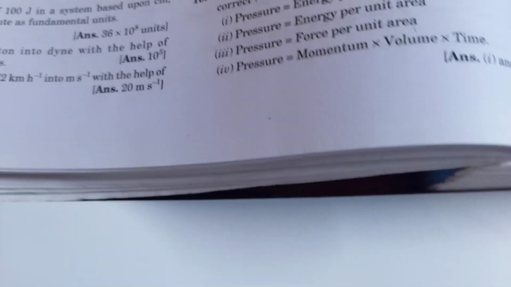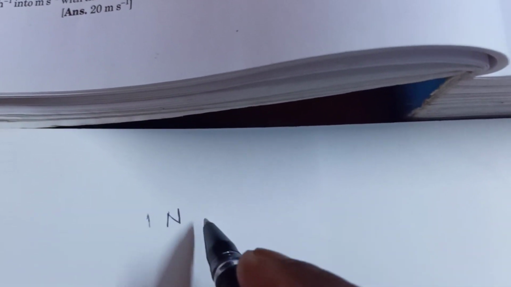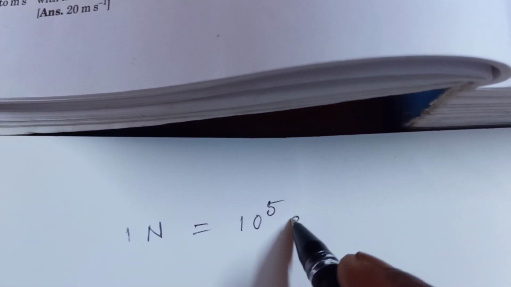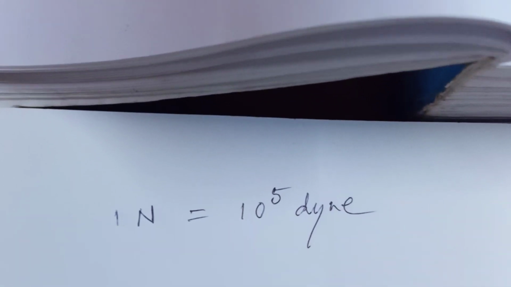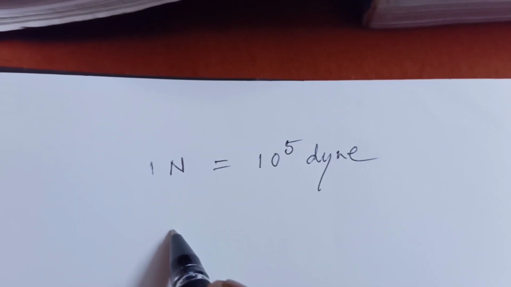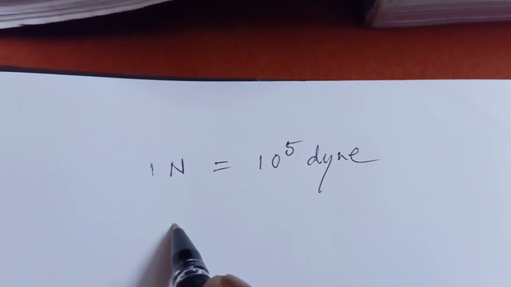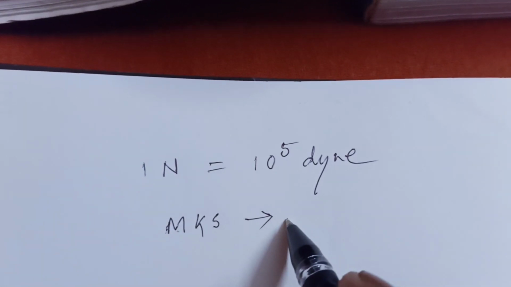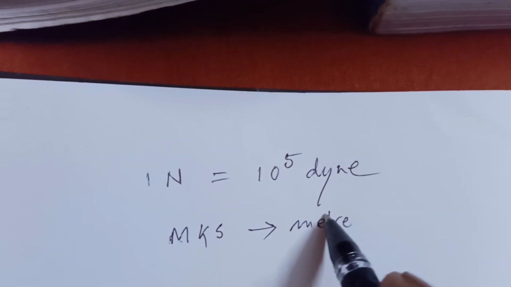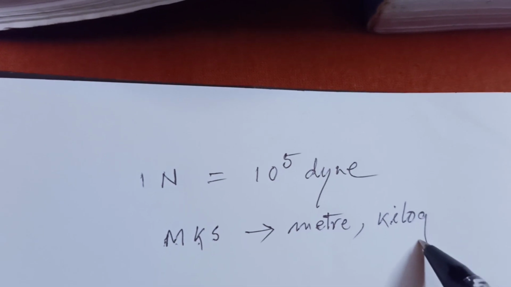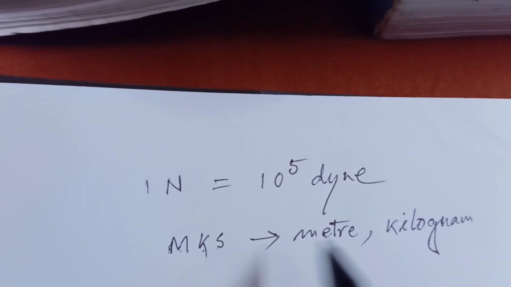Suppose, students, you know that 1 Newton equals 10 to the power of 5. There are basically 3 systems: the MKS unit system, where M stands for meter, K for kilogram, and S for second.